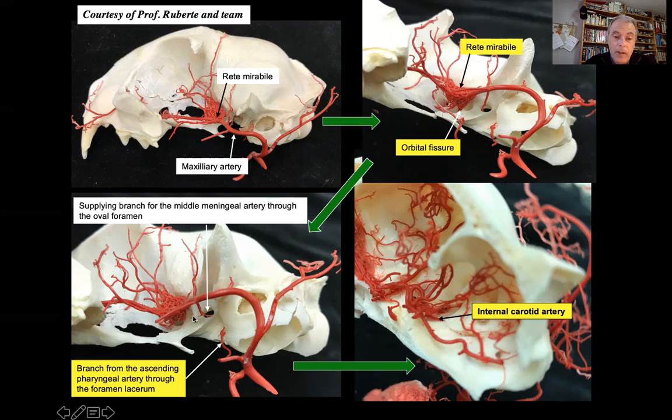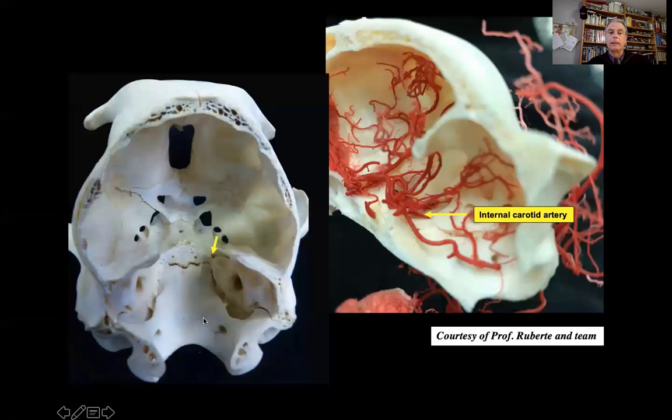Also, some branches are supplied by the middle meningeal artery, that is this one here, that comes from the maxillary artery and enters through the oval foramen. So again, in the cat, remember, there is an internal carotid artery, and this is formed here at the level of the carotid foramen by the ascending pharyngeal artery. This arrow marks the site where the carotid foramen is located in a cat.